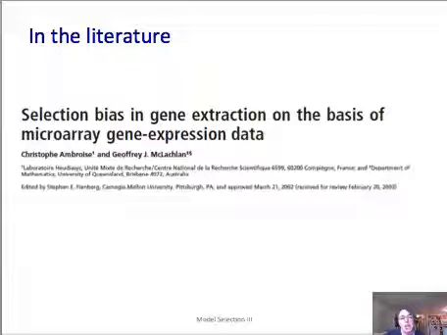Now, microarrays pose a particularly challenging problem because their dimensionality is so severe that there's inevitably some feature selection that has to take place. So the question becomes how to do feature selection appropriately when you're doing this cross-validation or bootstrapping scheme to estimate prediction error.